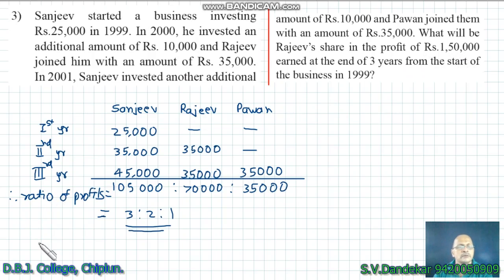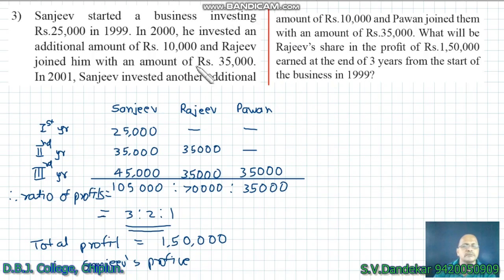The total profit is 1,50,000, and therefore, sorry, we want Rajiv's profit, Rajiv's share we want.